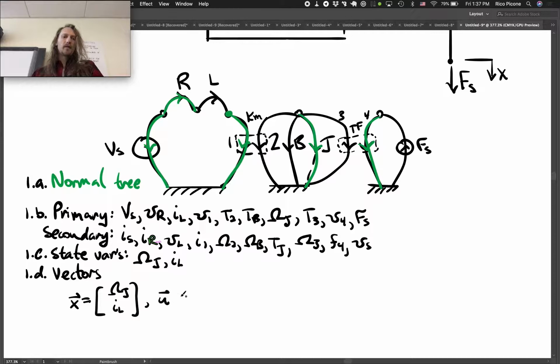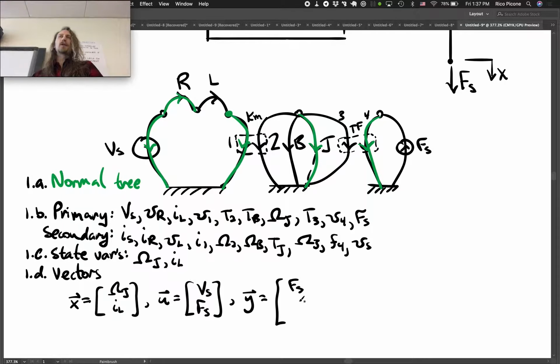The input vector, we have two inputs, right? The voltage source, VS, and the force source, FS. And outputs, thank you. For outputs, let's look at three things. Let's look at the force, the force source.